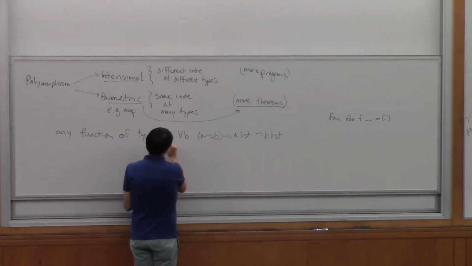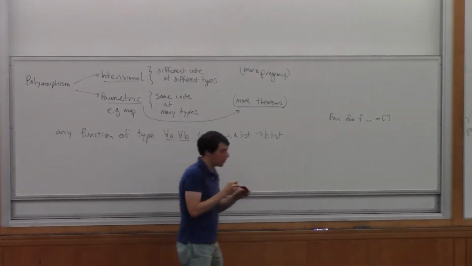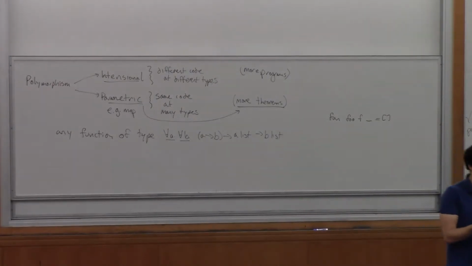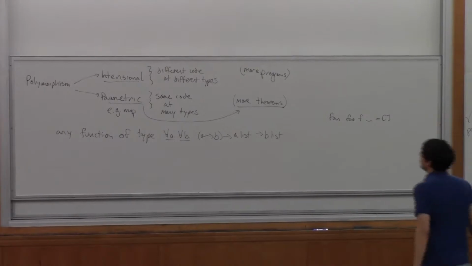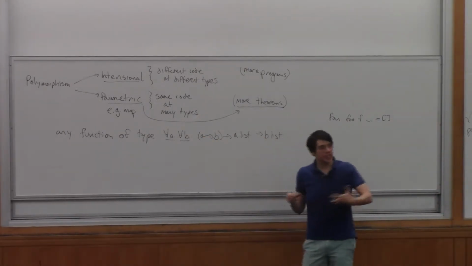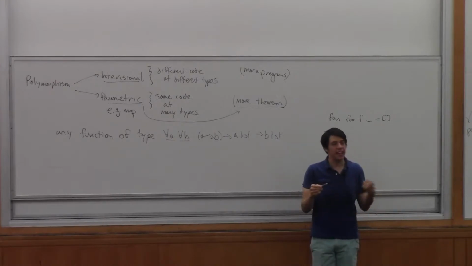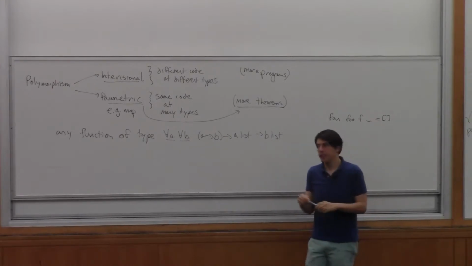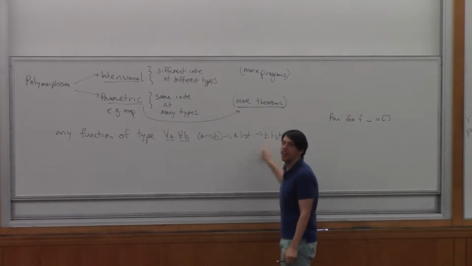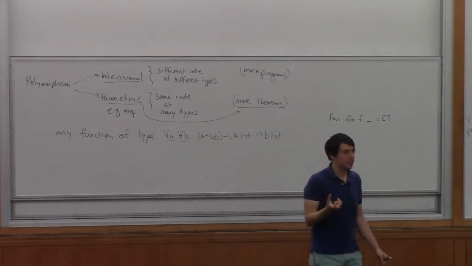So if we're going to work uniformly parametrically in the types, then this piece of code, if it's going to work for all B's, has to treat B as an unknown. It has to treat A as an unknown. Therefore, if it's ever going to produce a B, how can it possibly do it?